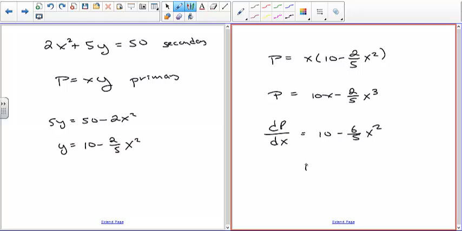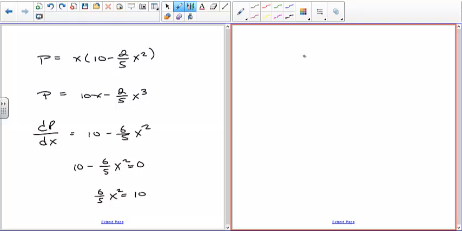And then you set that equal to 0 because you want to find the values of x where you have a 0 slope. And you can solve for x. So the first thing we'll do is subtract this from both sides. So we get 6/5 x squared equals 10. And if you multiply by 5/6 on both sides, you'll get just 1 on the left-hand side and 50/6 on the right-hand side.